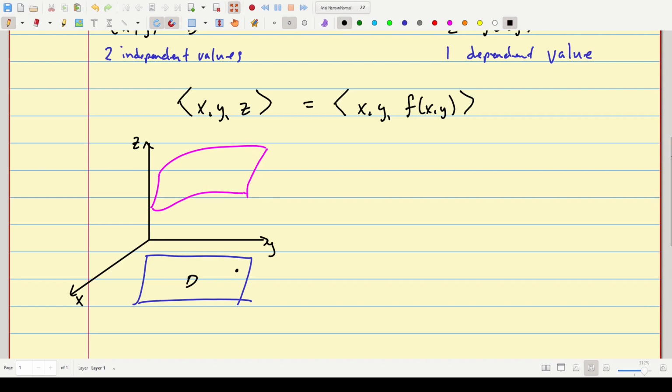So for a point xy down here, it is going to map to some value f of xy up there. So the function value that we get is going to be indicative of height. And this here is referred to as a surface.